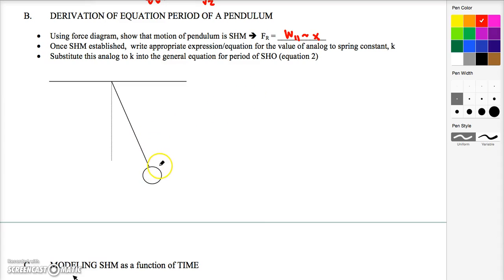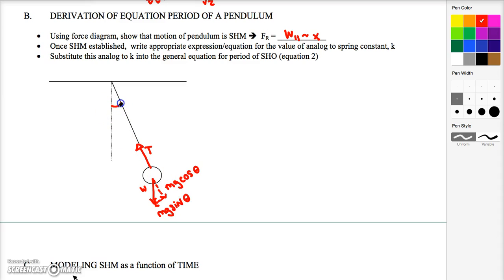Okay, so let's draw a free body diagram here. We have the tension force going up. We have the force of gravity, or the weight, going down. And we can break that weight up into the perpendicular component, which is mg cosine theta, and the parallel component, which is mg sine theta.